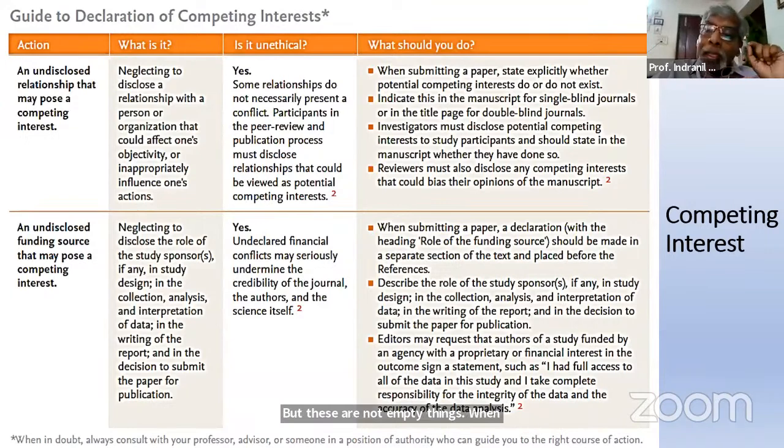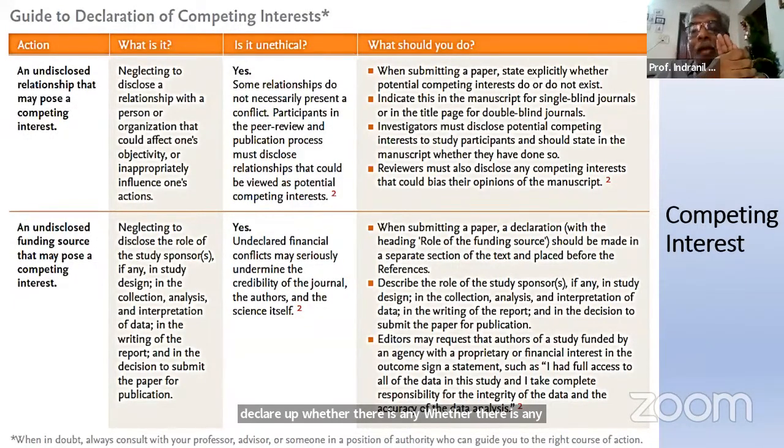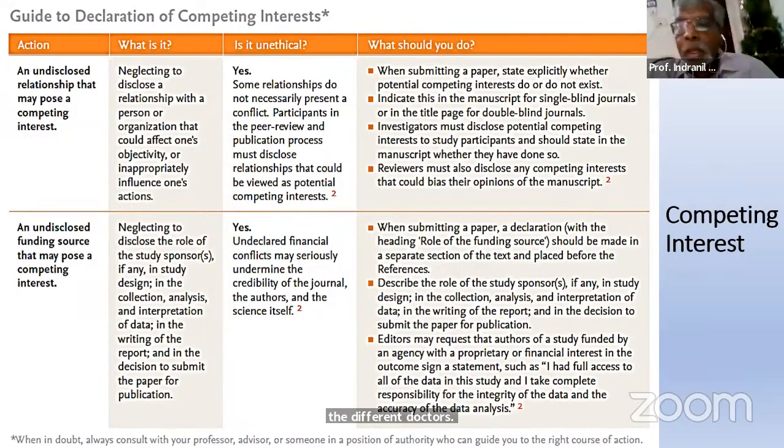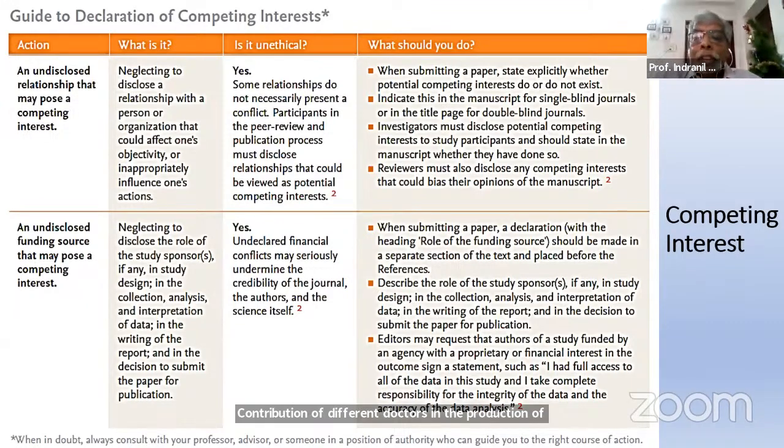When you are submitting to a journal, you have to satisfy all of this. We need to give a list of the reviewers. We need to declare whether there is any competing interest or conflict of interest. We need to declare the source of funding, and clearly delineate the contribution of different authors in the production of the manuscript. So each one of these we need to do.